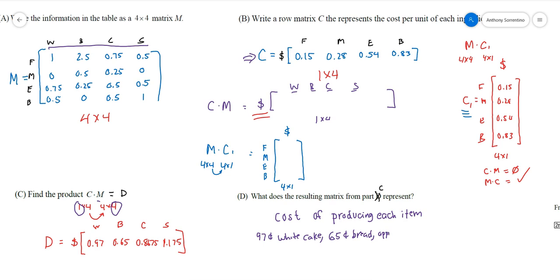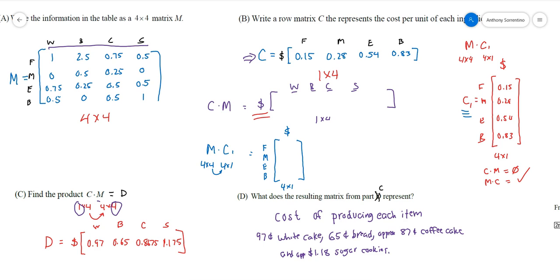Approximately, so I have to round a little bit on this one, 87 cents for the coffee cake. And about $1.18 approximately for the sugar cookies. And so that's what I get from this matrix.